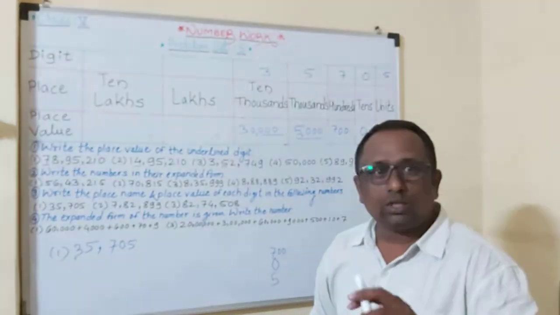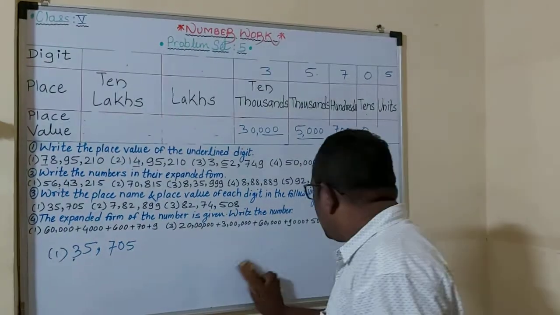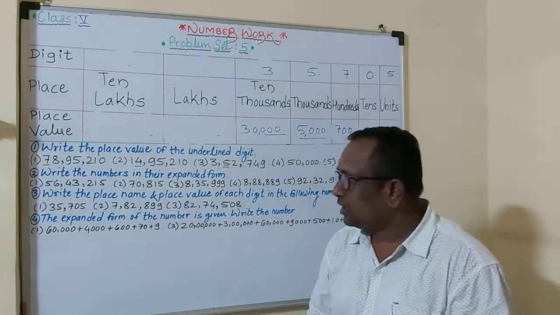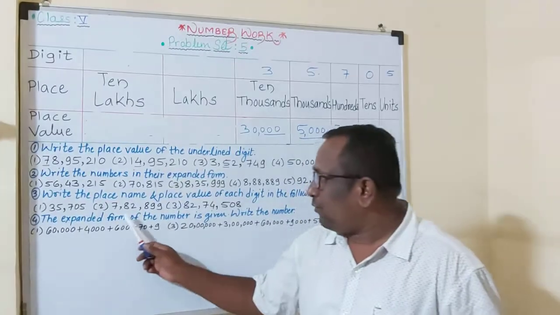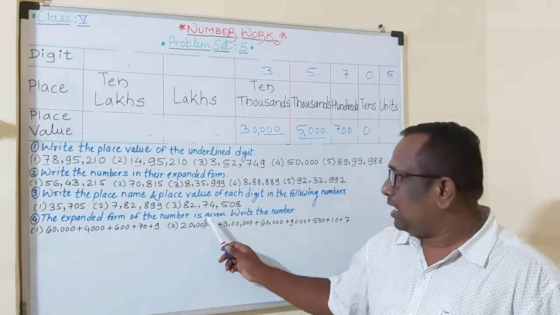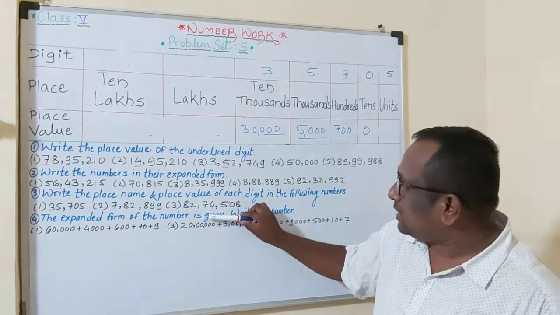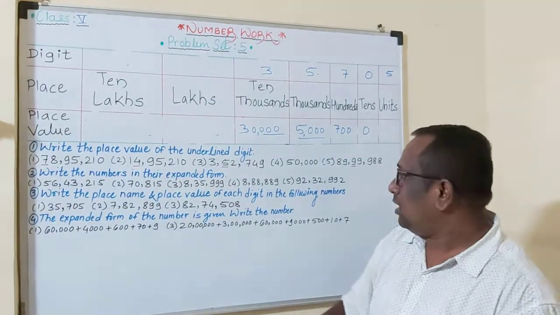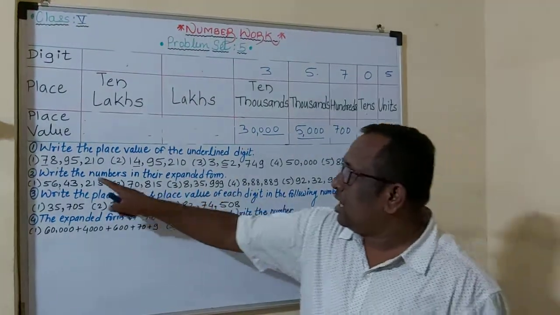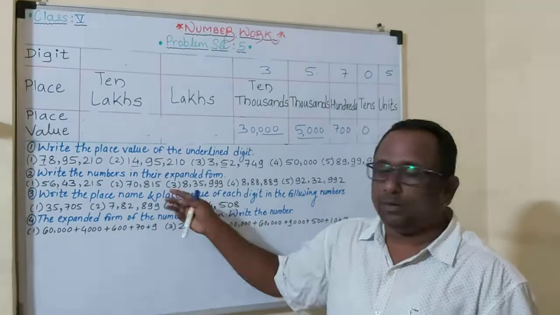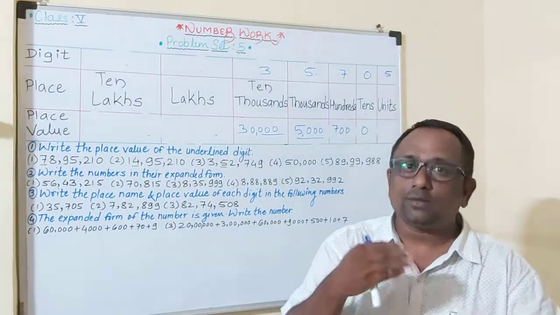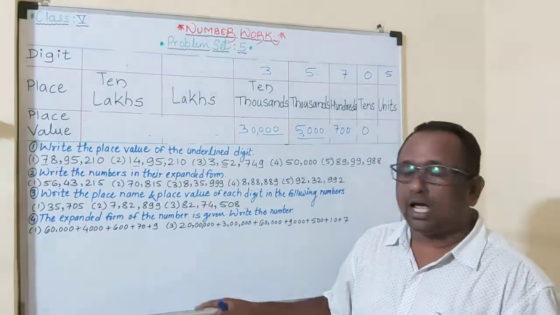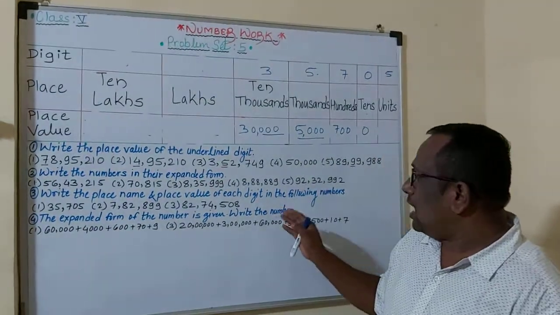Now we will move to the last question. The last question is that the expanded form of the number is given. This is exactly opposite to the second one. There the numbers are given and we have to write the expanded form, and here the expanded forms are given and we have to write the numbers.